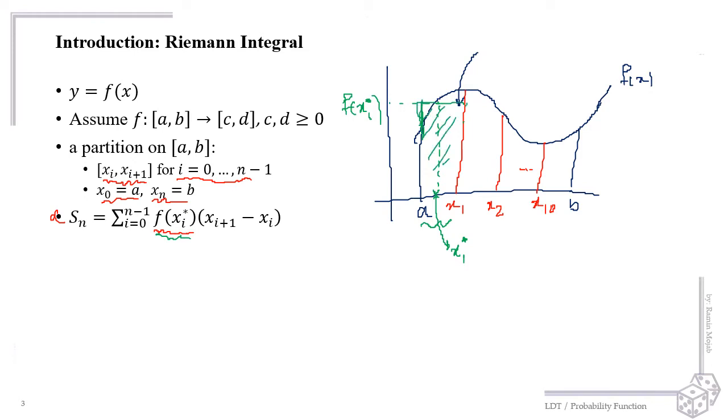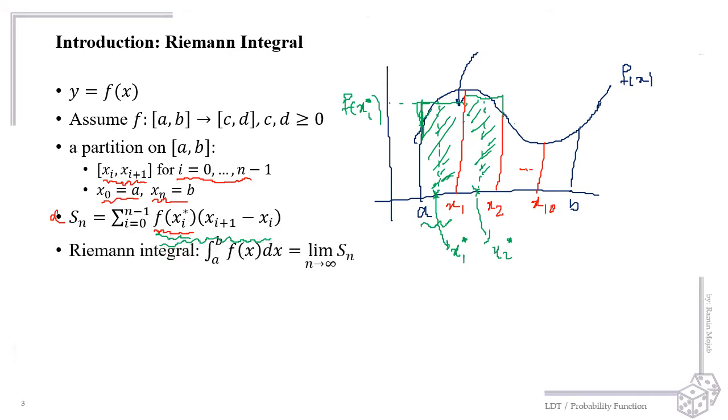We calculate the area of this rectangle, and we'll have also an x2 star here, and we will have a rectangle again here, and so on. We can calculate the area of this rectangle, and when n approaches infinity, we'll have the integral, or the area of this region, which is known as the Riemann integral. We use this notation, integral of f of x, which is the limit of this sum when n approaches infinity.